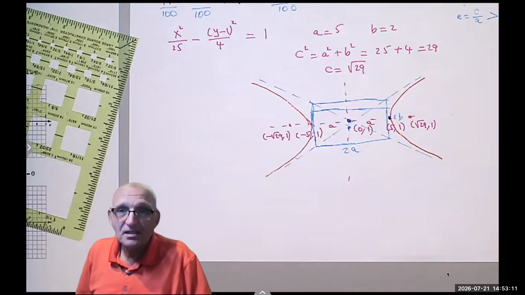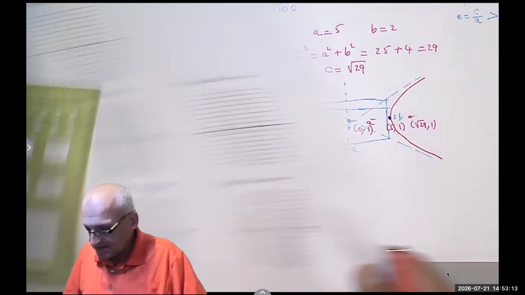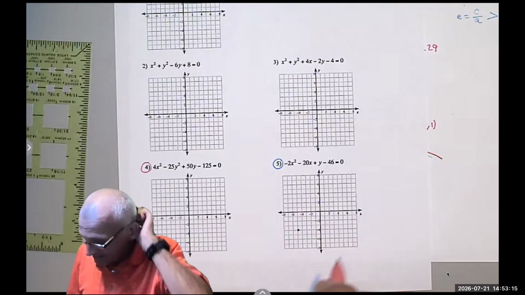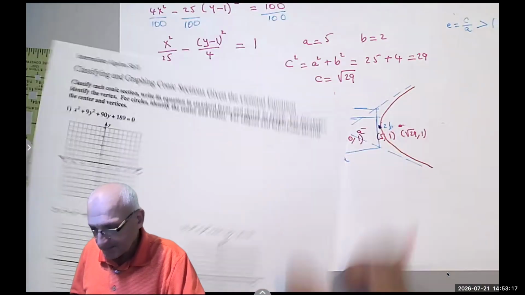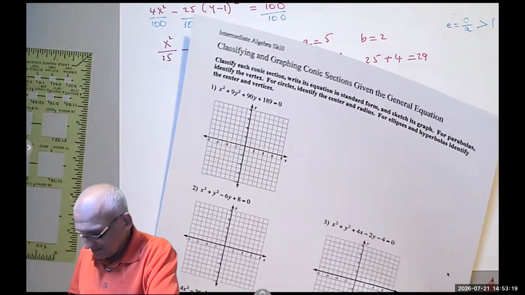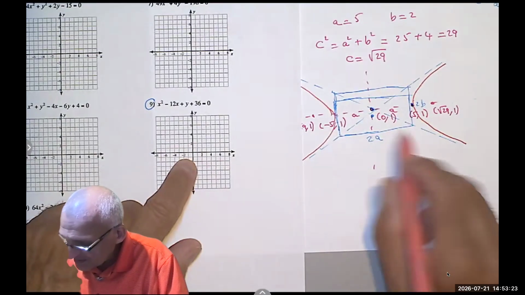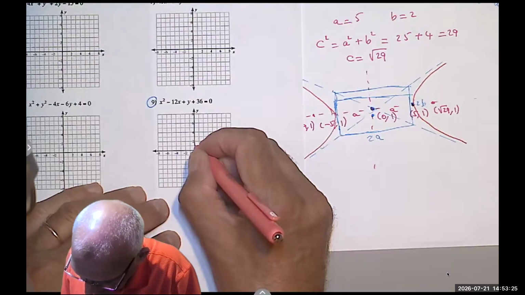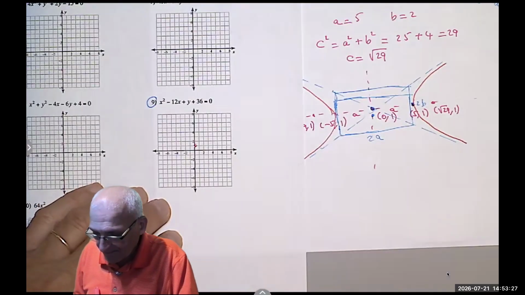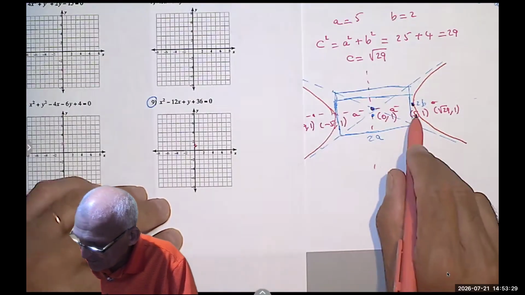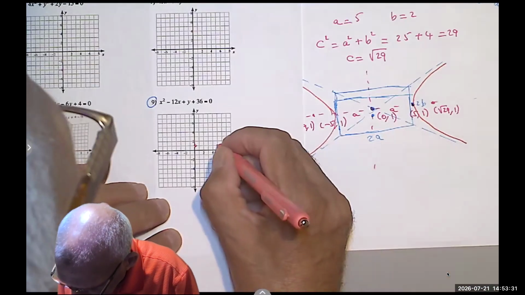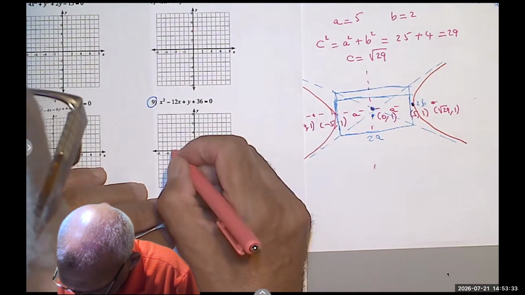And this would be the hyperbola. Let's do it here. It's this one, right? So we found the center to be 0 and 1. That's the center. One of the vertices is at 5 and 1, and the other at negative 5 and 1.